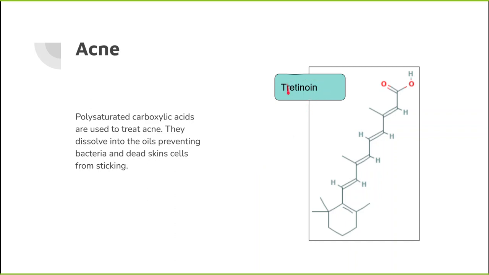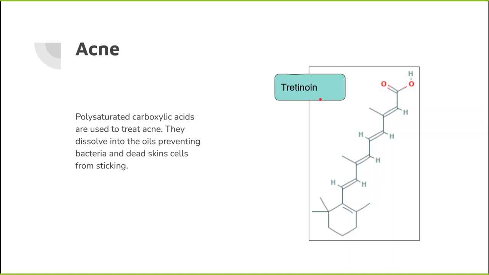Common chemicals used for acne are polyunsaturated carboxylic acids, and they dissolve into the oils on your skin, preventing the bacteria and the dead skin cells from sticking, and therefore not causing the acne. A very common one is, I don't even know how to pronounce this, tretinoin.